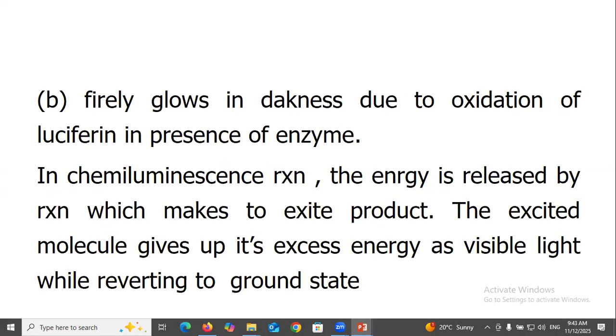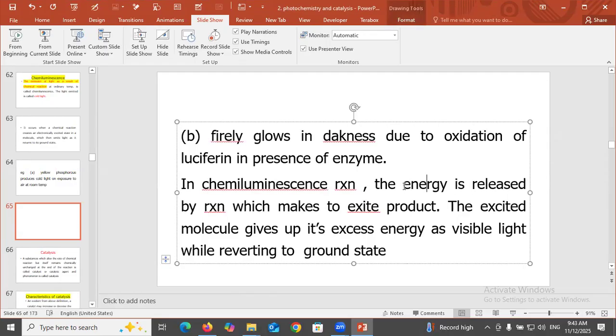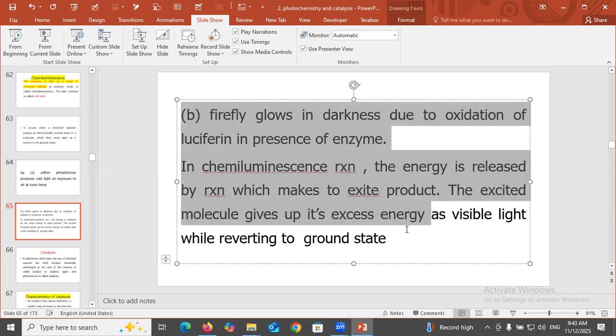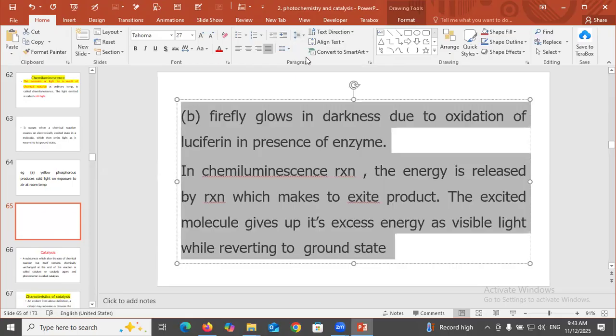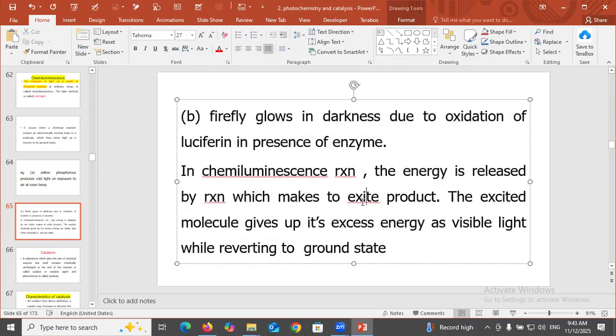Fireflies glow in darkness due to the oxidation of luciferin in the presence of an enzyme in a chemiluminescence reaction. In a chemiluminescence reaction, the energy released by the reaction excites the product.